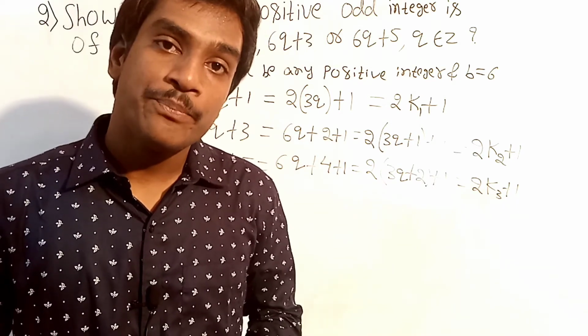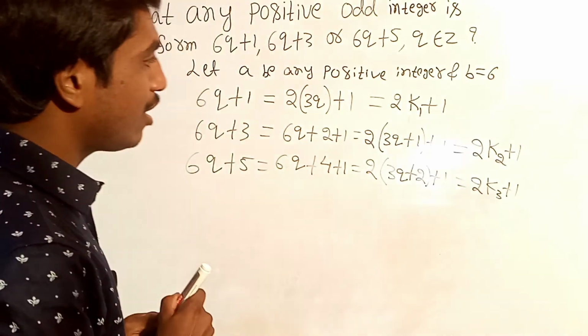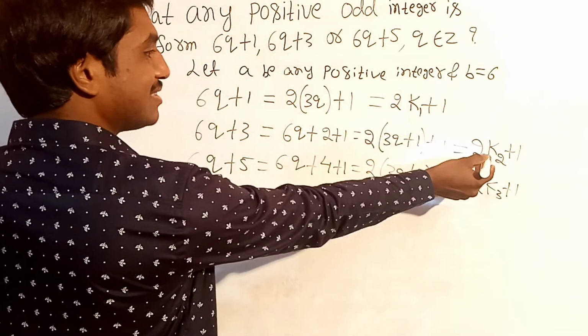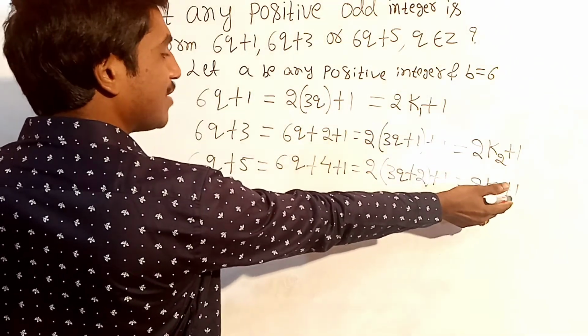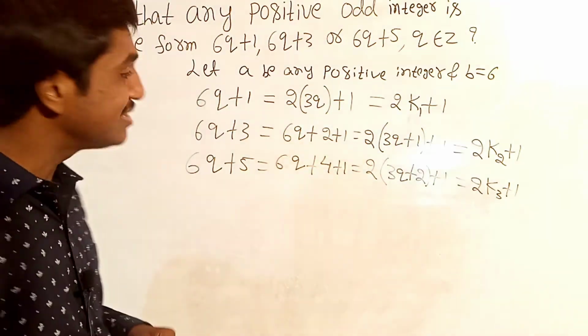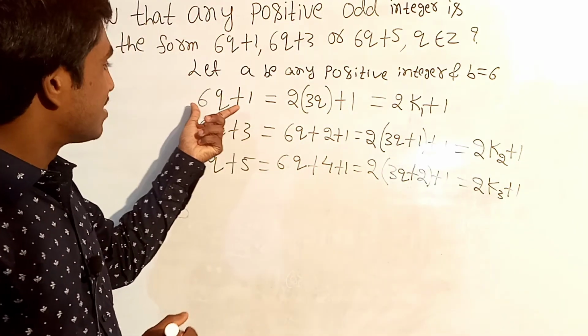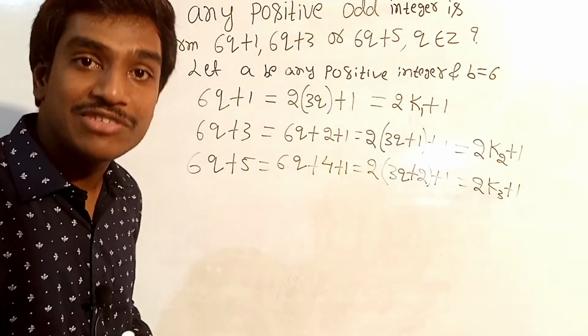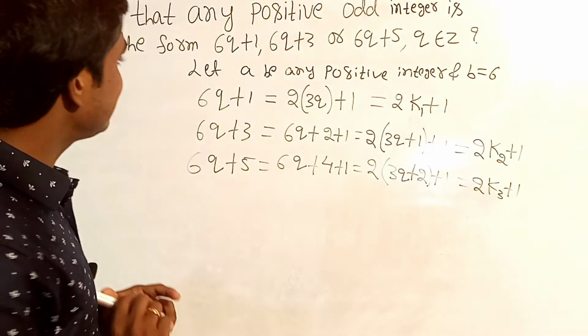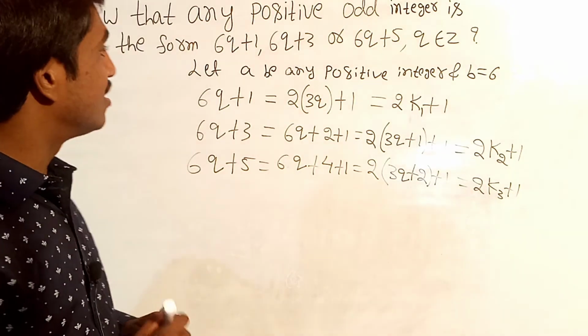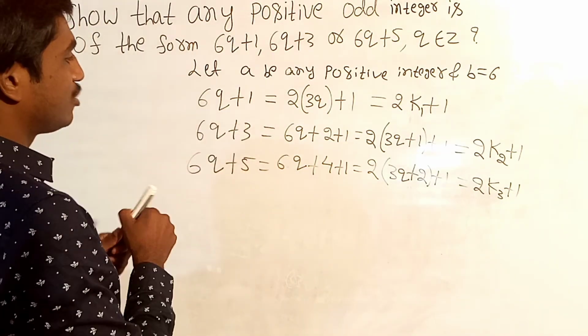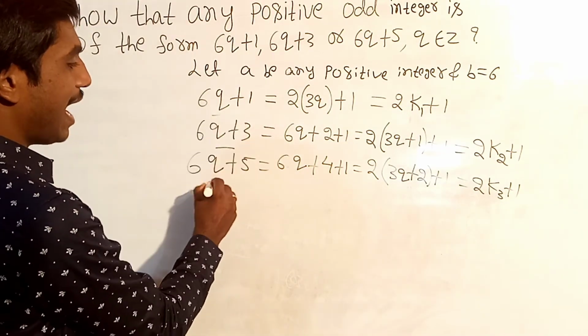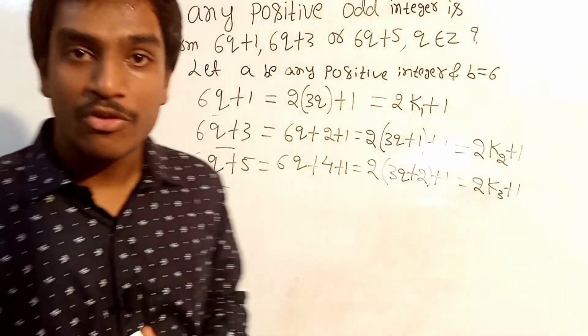So 2k1 plus 1, 2k2 plus 1 and 2k3 plus 1 are all odd numbers. Hence, because these numbers 6q plus 1, 6q plus 3 and 6q plus 5 are not divisible by 2, any positive odd integer will be of the form 6q plus 1, 6q plus 3 or 6q plus 5.